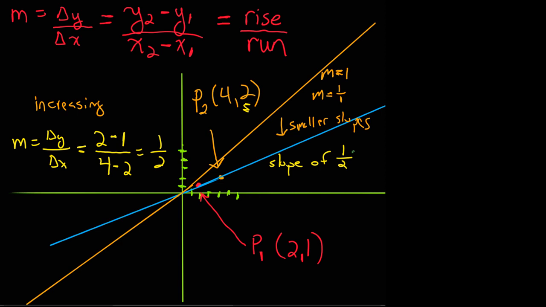The slope tells you how steep it is. If it's a really small number, it's not steep, right? 1/2 is smaller than 1. The line with the slope of 1/2 is not rising as quickly as the slope of 1.